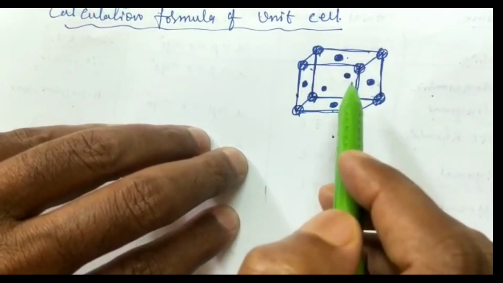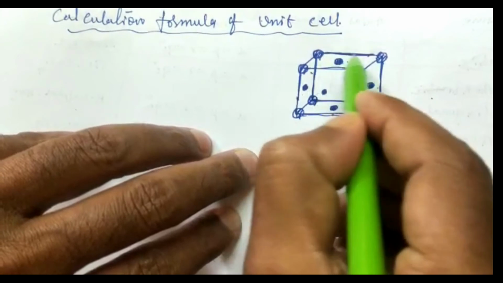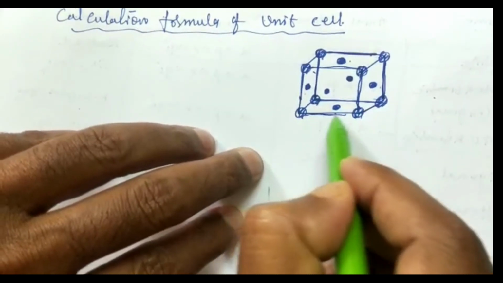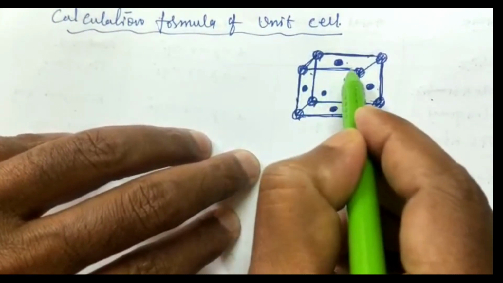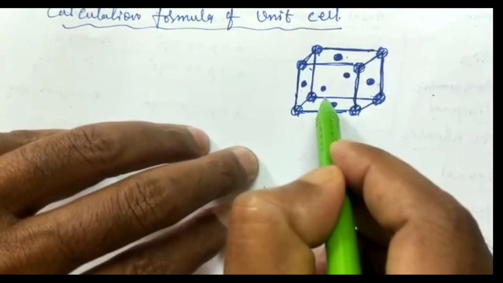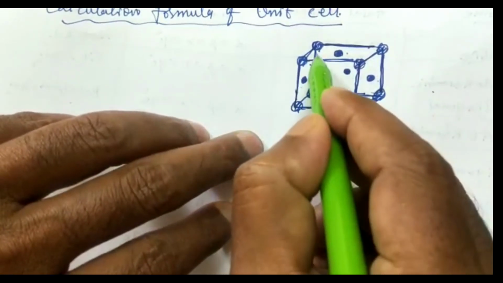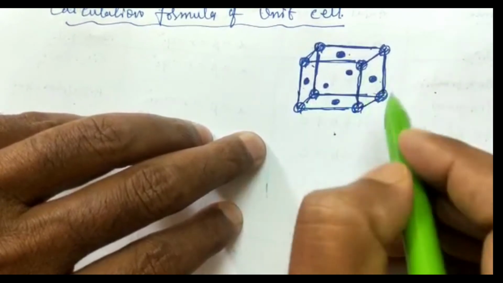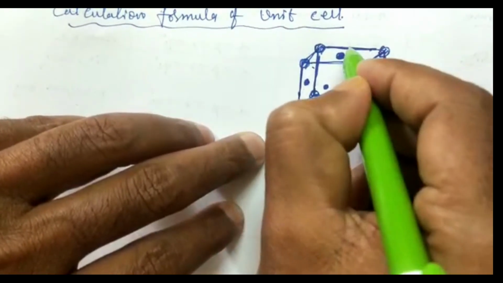Totally 6 faces are there. These are edges: 1, 2, 3, 4, 5, 6, 7, 8, 9, 10, 11, 12. So totally how many edges are there? 12 edges are there.